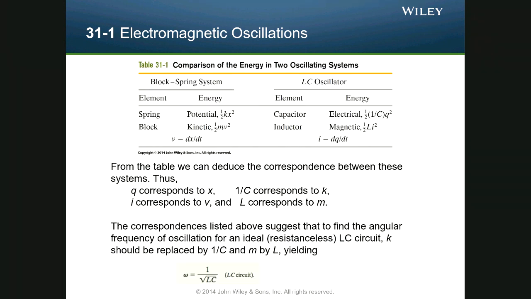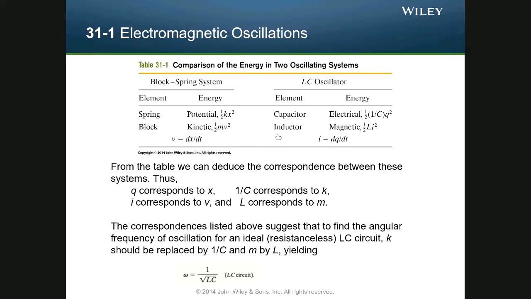Now, again, I already alluded to the fact that the oscillators that you see here are similar to mechanical oscillators and quantum oscillators. And while we're not really ready to cover quantum oscillators yet, you can see that they make a comparison between the block-spring system you learned about in Physics 1 and the LC oscillator we just talked about, all right?